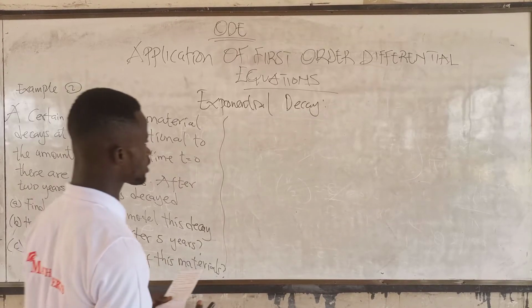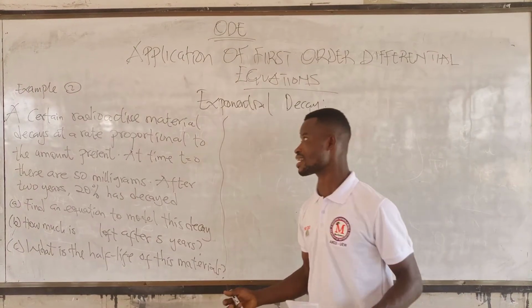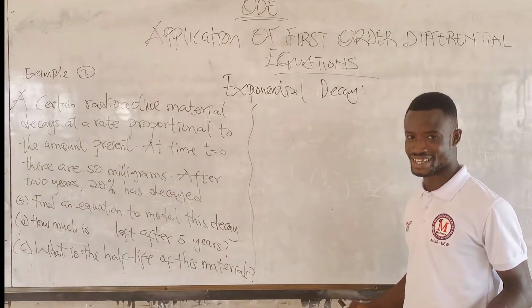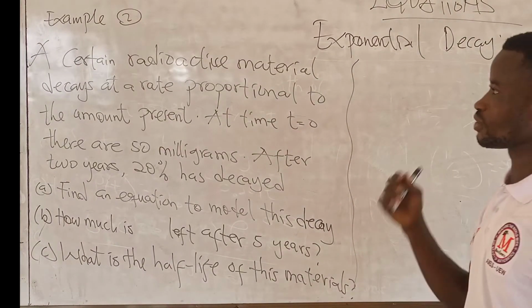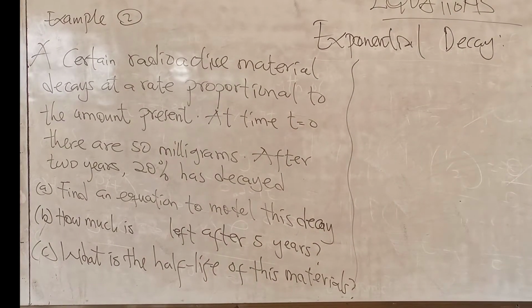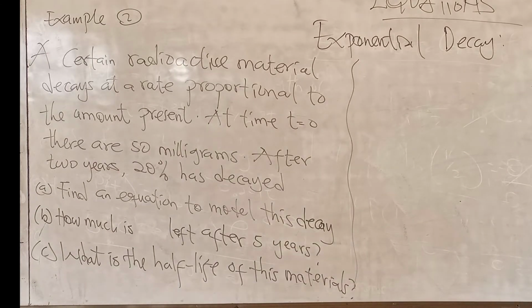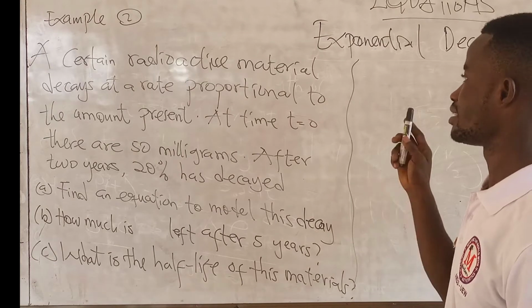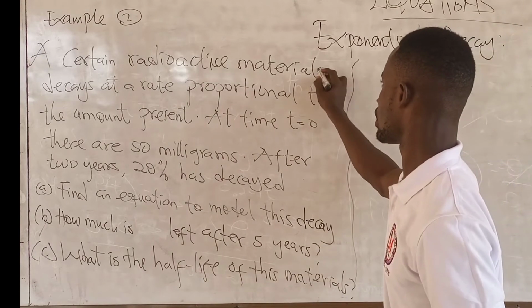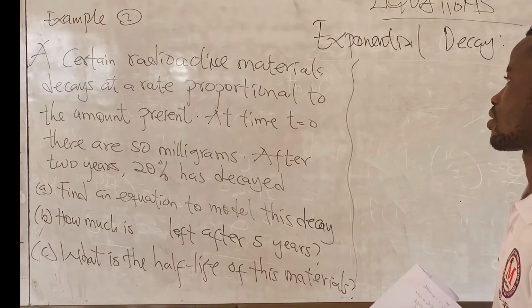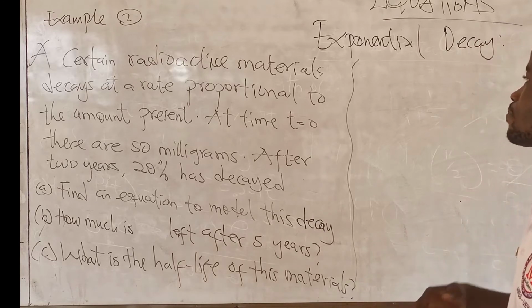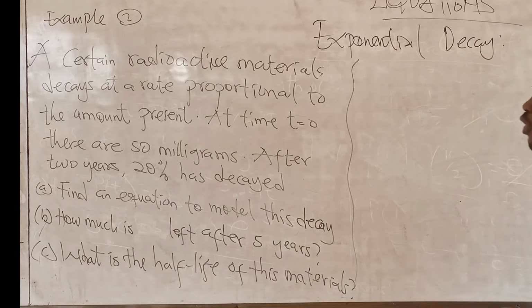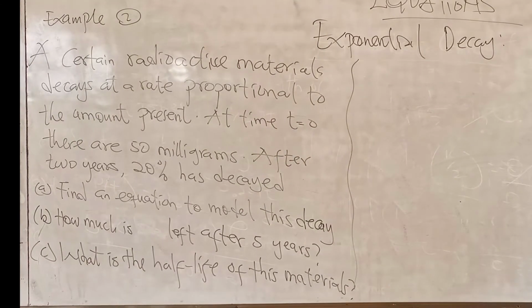Alright, so here we look at our second question under exponential decay. Two. A certain radioactive material decays at a rate proportional to the amount present.